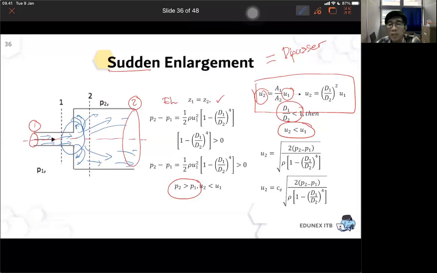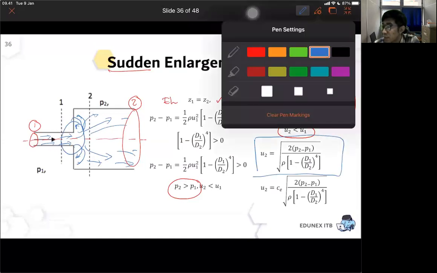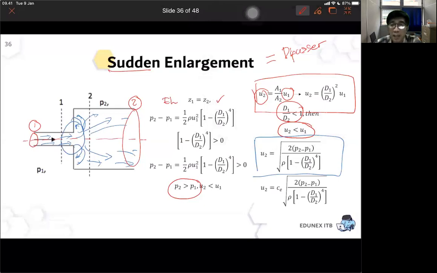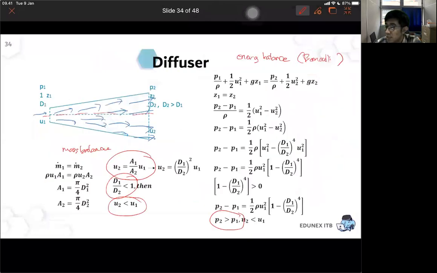And what will be the effect on the flow pattern? Actually, if you only look from the Bernoulli ideal, you will get exactly the same equation, right? This is the velocity at the outlet as a function of the pressure difference. It should be exactly the same.